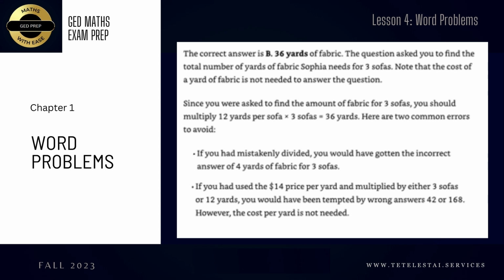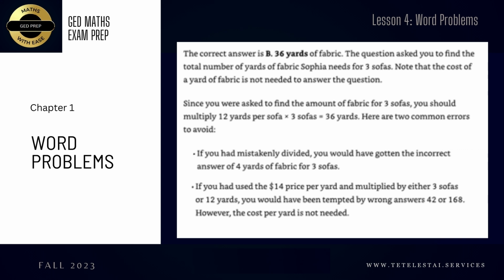If it was asking you how much, then you would multiply 12 by 14 and you would get 168, right? Because if it was asking you how much it would cost for Sophia to buy, then you would multiply 12 by 14, but it's asking you how many yards Sophia needs. So you would multiply 12 by 3.